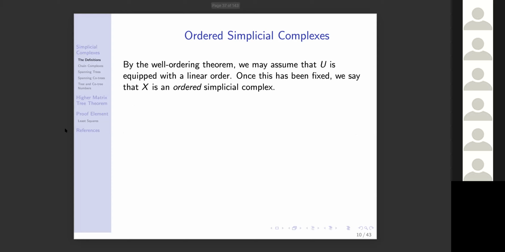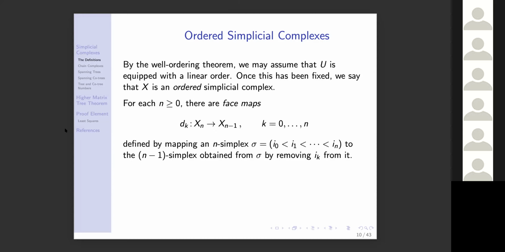Once this has been fixed, we'll say that X is an ordered simplicial complex. And the advantage of an ordered simplicial complex is that there are these face maps. So if you have an n simplex, there are n plus 1 face maps which assign to an n simplex an n minus 1 simplex.